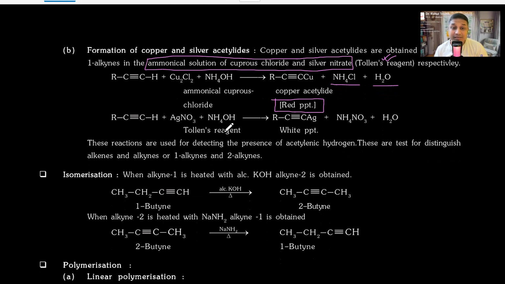Now, sometimes in place of ammoniacal copper chloride, if you use ammoniacal silver nitrate, this time silver will go and substitute H plus, and you will have a white color precipitate. Sometimes a bit silvery also, because silver is joining here. So the inner walls of the test tube will become silvery in color.